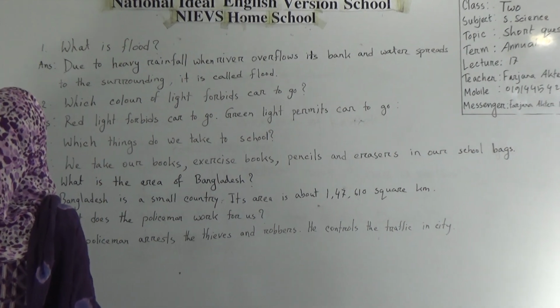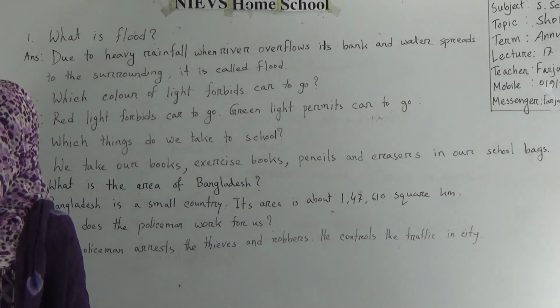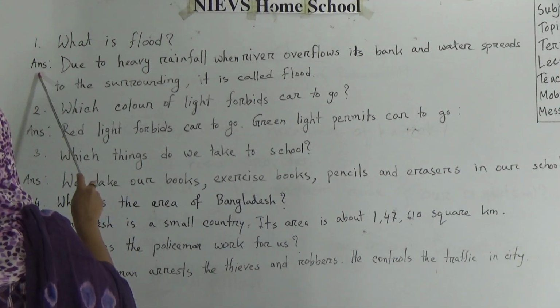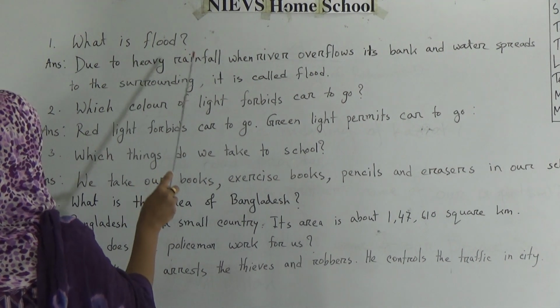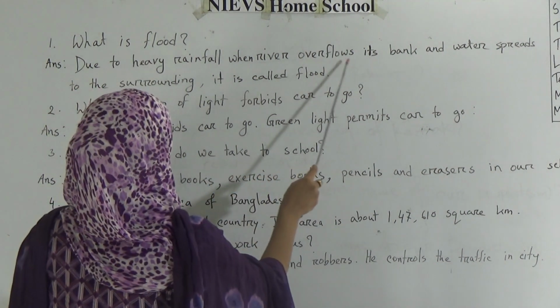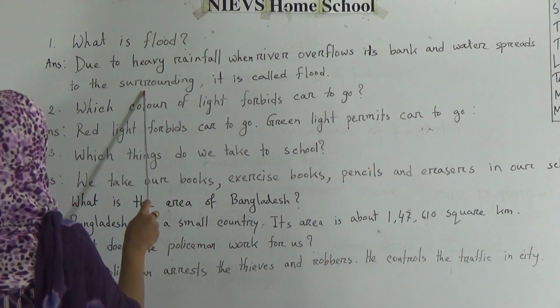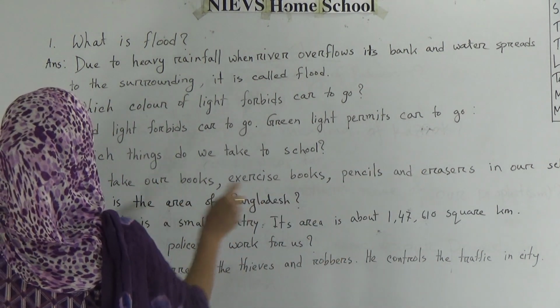I hope you have already learned from your study book what is flood. The answer is, due to heavy rainfall when a river overflows its bank and water spreads to the surroundings, it is called flood.